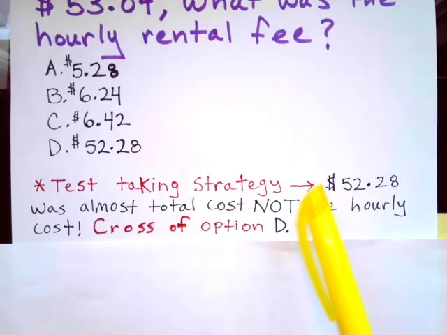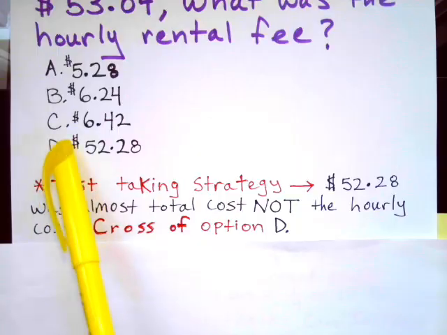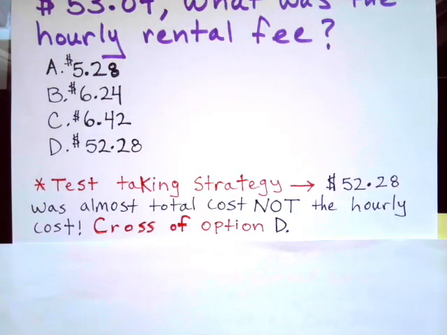Option D, $52.28, was almost the total cost, not the hourly cost, of $53.04. And we know that Tammy had the chainsaw from 8 a.m. to 4:30 p.m. So cross off option D. This will help you. Now you have three options: A, B, or C.